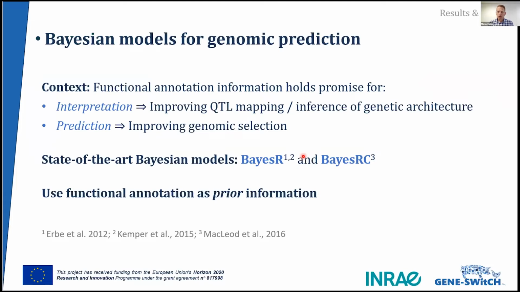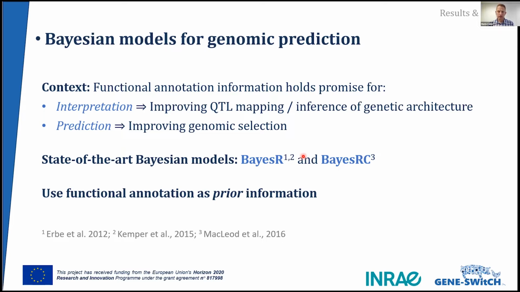So the work that we started out with is to work on different kinds of models. One of the groups in INRAE has been working in particular on Bayesian models for genomic prediction. To give a little bit of context, having this functional annotation holds the promise that we should be able to better understand how complex traits work, because we can pinpoint certain regions in the genome better with it.